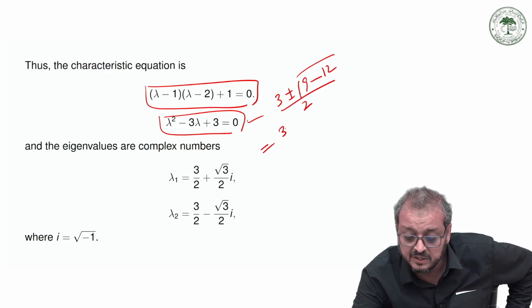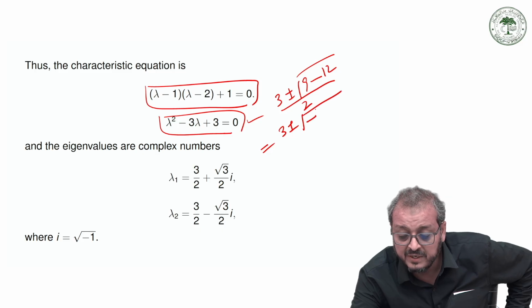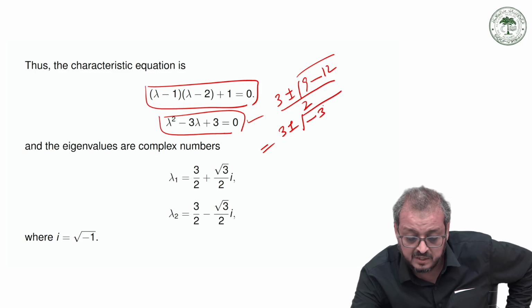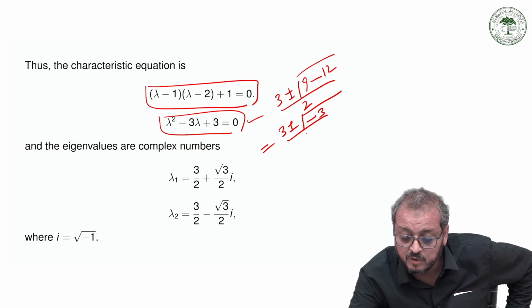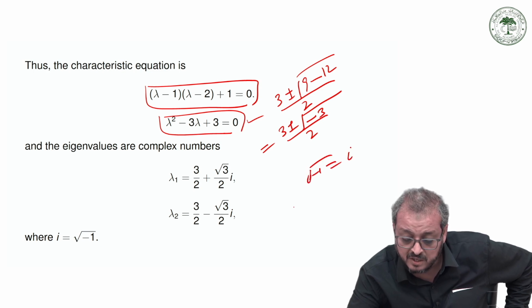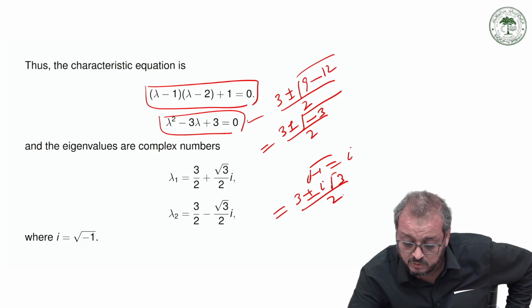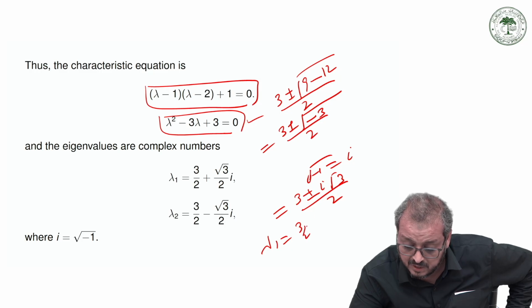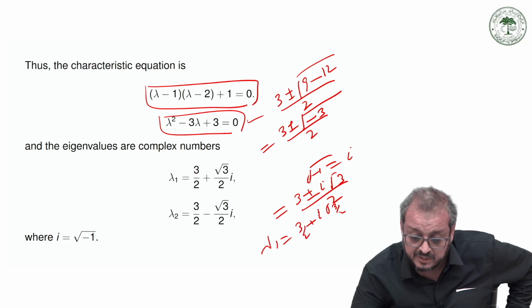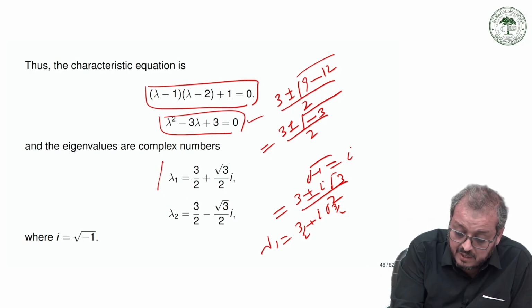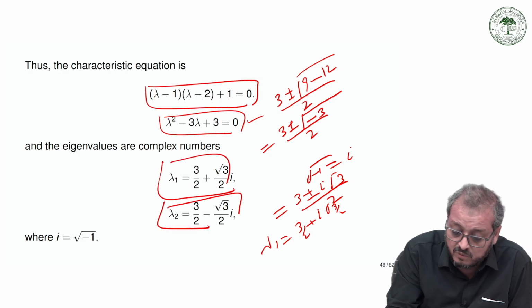This can be written as 3 plus minus root of minus 3, over 2. We know that root of minus 1 is i, so this can be written as 3 plus minus i root 3, by 2. So lambda 1 is equal to 3 by 2 plus i times root 3 by 2, and lambda 2 is its conjugate.